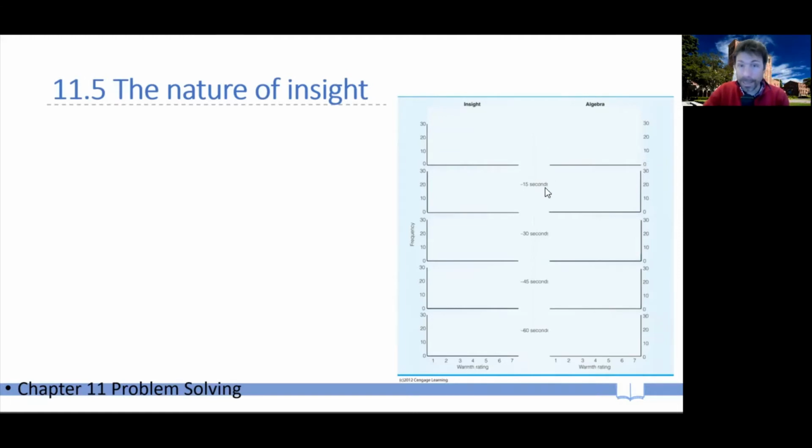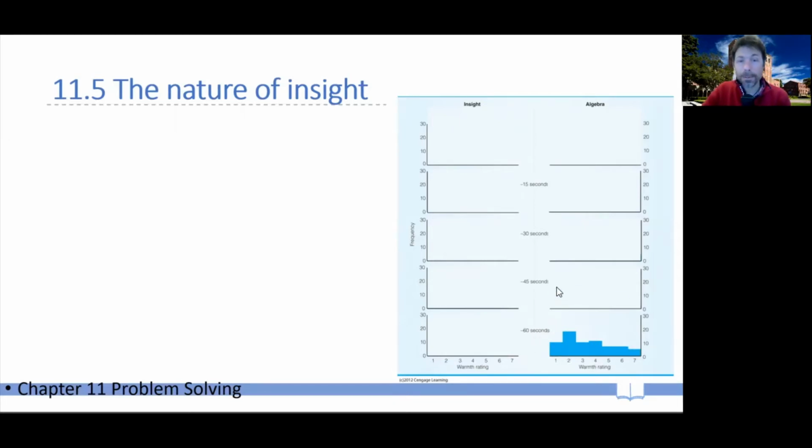Now go back 60 seconds before they get to the solution, and see how participants were scoring, how close they were, how warm they were. Overall, the mode is 2, meaning most participants felt that they were not very close to the solution. Some were really far away, some in the middle, a few felt very close.